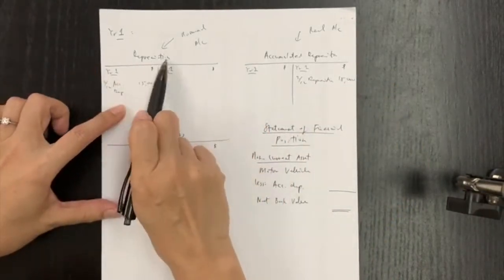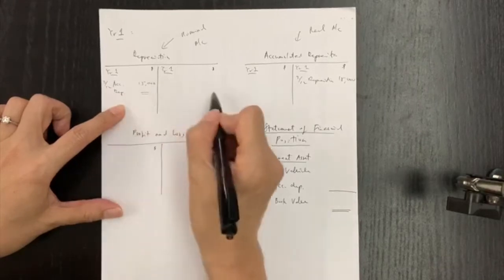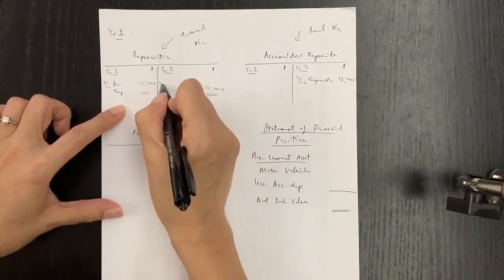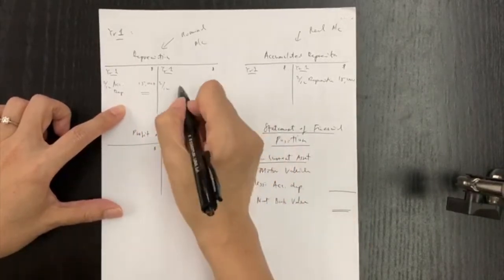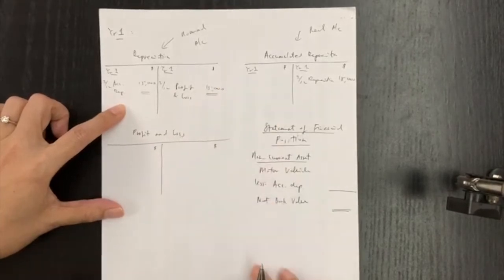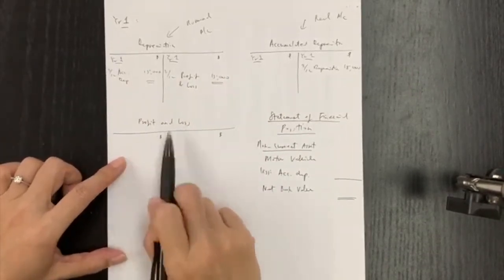Since depreciation is nominal, this 15,000 at the end is closed to the profit and loss account. So in my income statement, this is a T form.